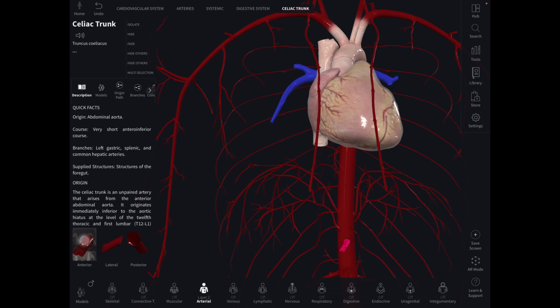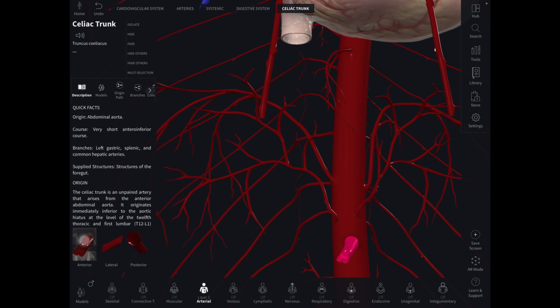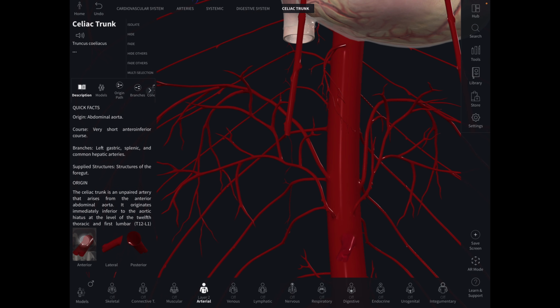And the celiac trunk contains three arteries. It has the gastric artery, the splenic artery, and the hepatic arteries. This is going to supply blood flow to our spleen, some of our liver, our stomach and pancreas, as well as some of the biliary structures. So huge major artery, and this can definitely be damaged.